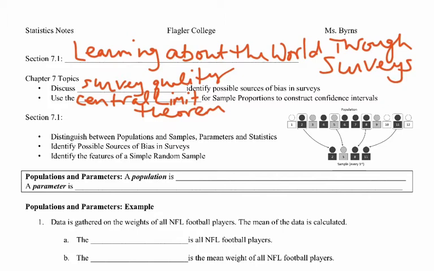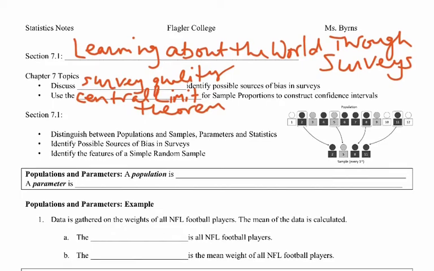So in this section, our objectives: distinguishing between populations and samples and parameters and statistics, identifying possible sources of bias, and identify the features of a simple random sample.